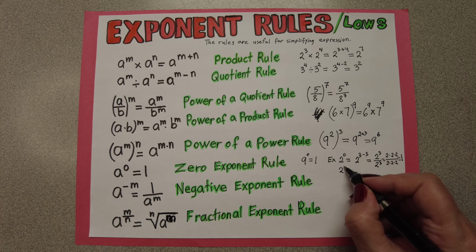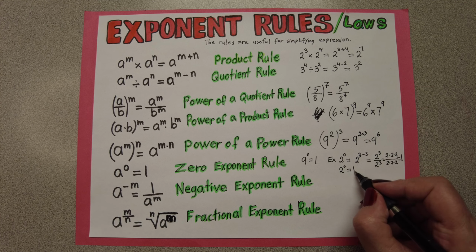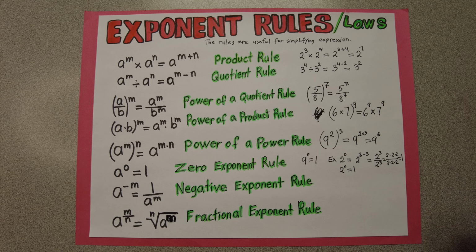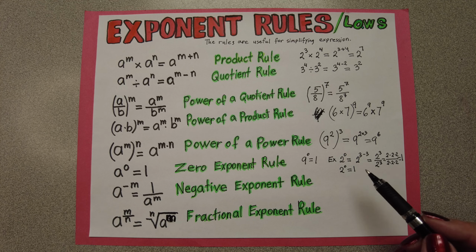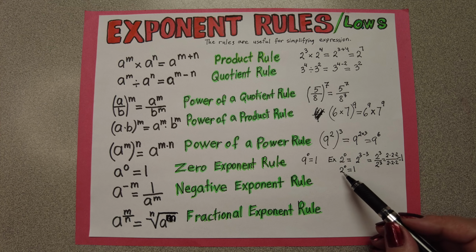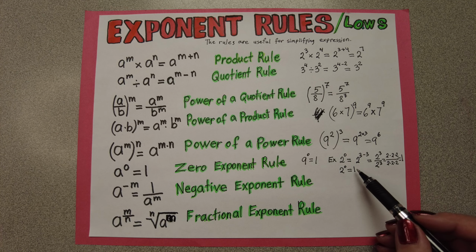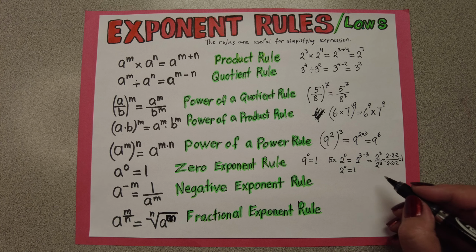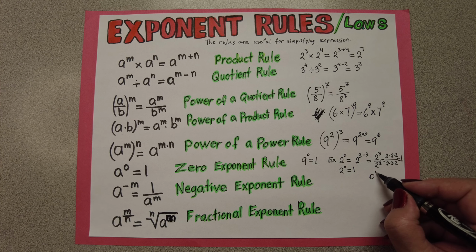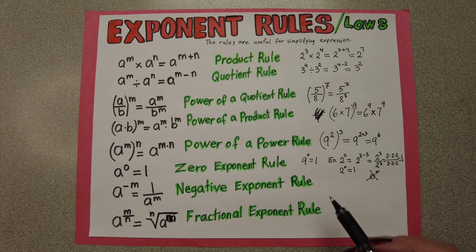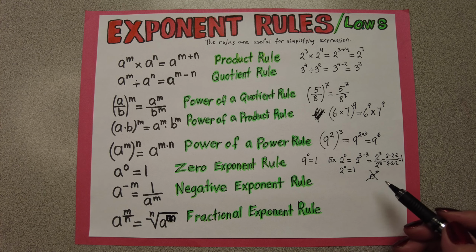So 2 to the power of 0 equals 1. Just remember, any number to the power of 0 equals 1, except 0. We cannot write 0 to the power of 0; it is undefined.